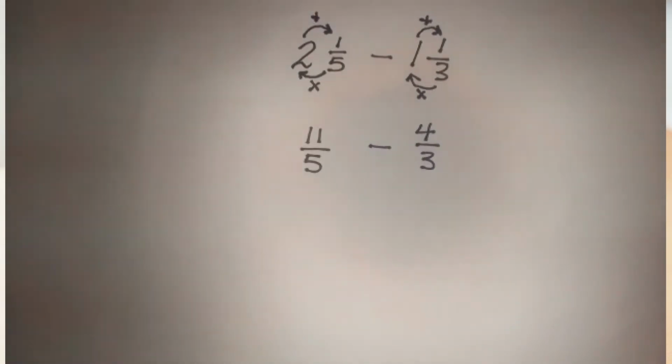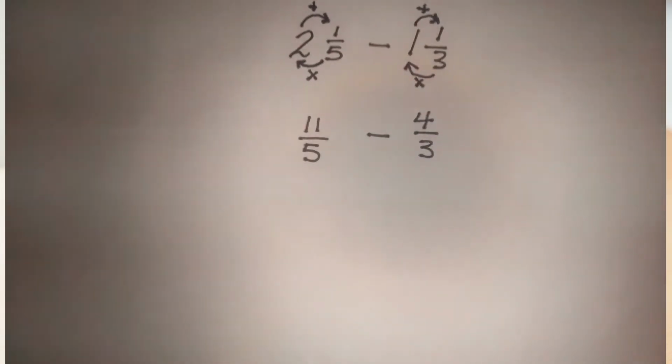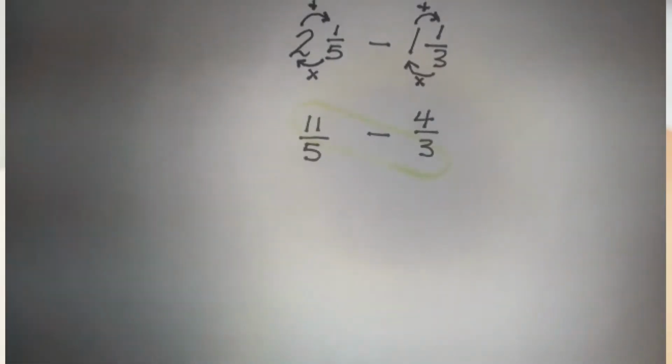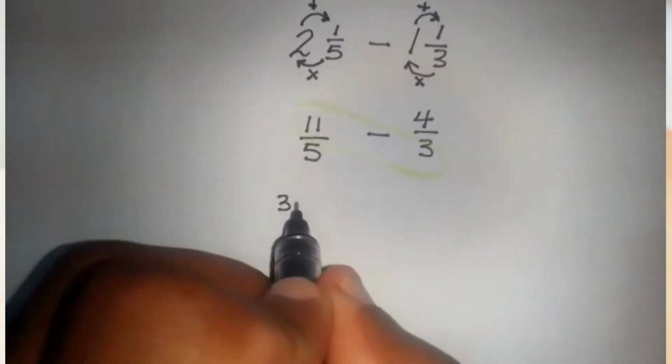So now, to subtract these two fractions, what I can do is to find an equivalent fraction for both of them. And the easiest way to do that is to cross multiply by using the butterfly method. So I'm going to do the 11 and the 3, and I'm going to say 3 times 11.